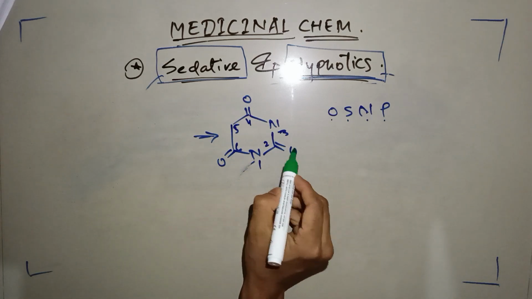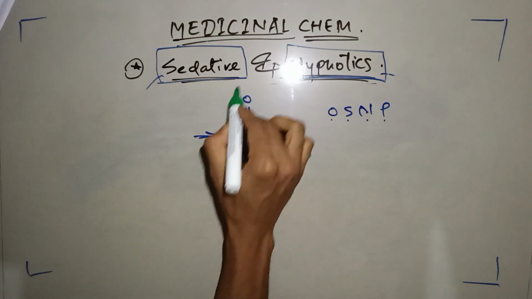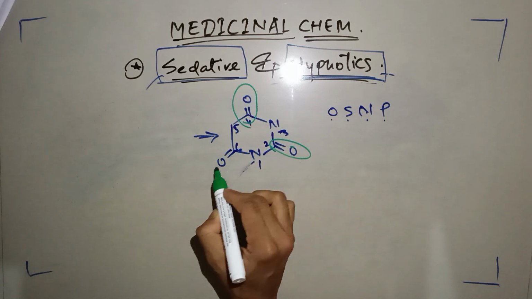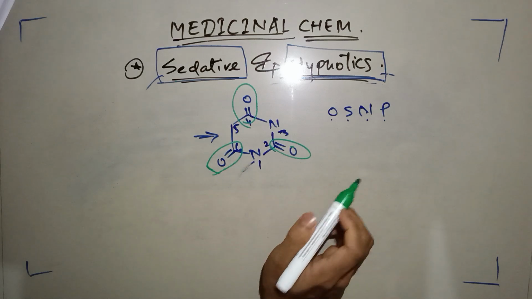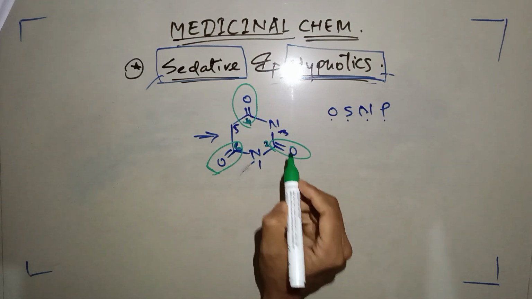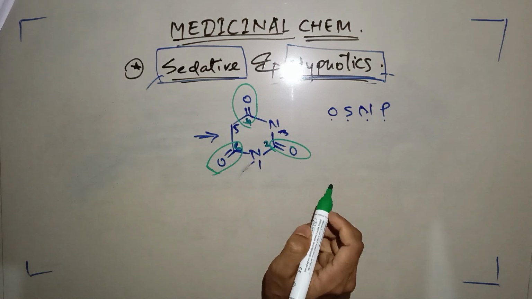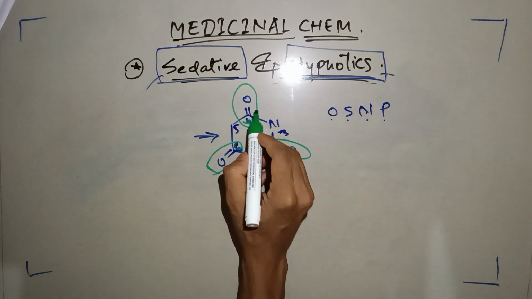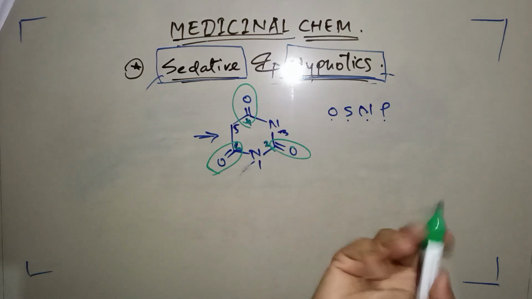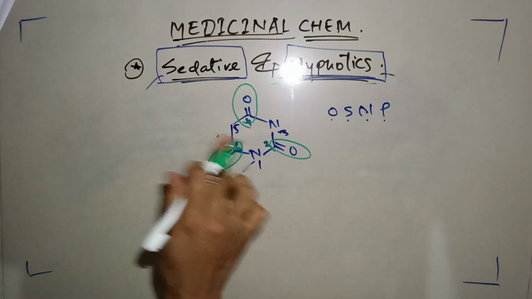See, this oxygen is present at the second carbon. How many oxygens are present? 3 oxygens are present at positions 2, 4, 6. So that's why it is called 2,4,6-trioxo. Did you understand? 2,4,6-trioxo and hexahydropyrimidine. The complete structure is pyrimidine.